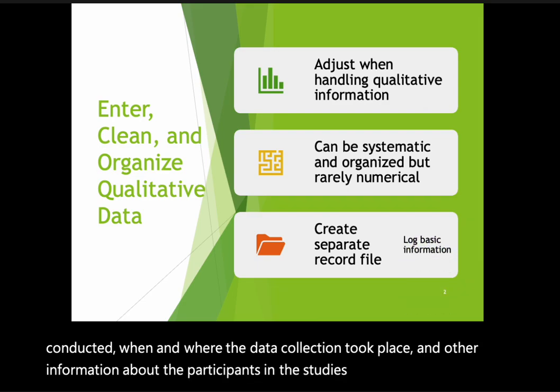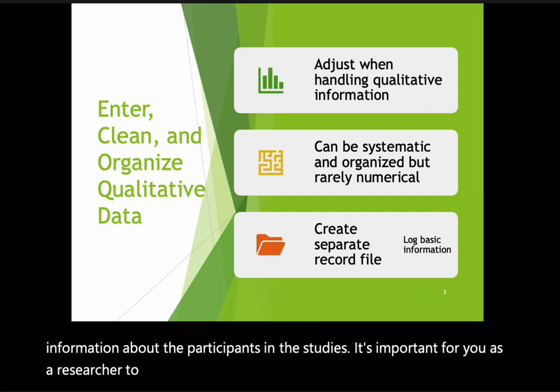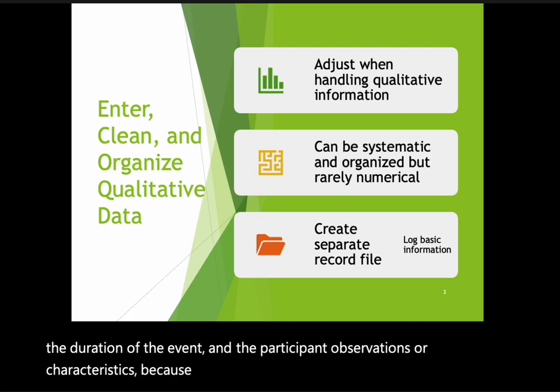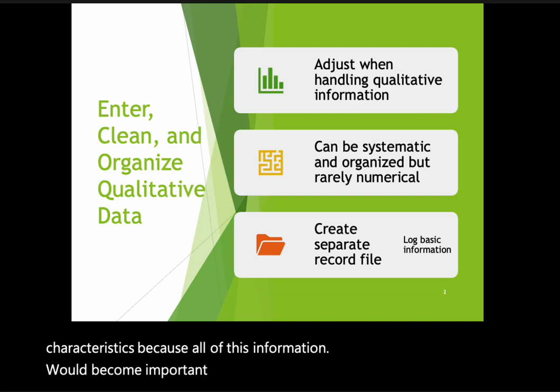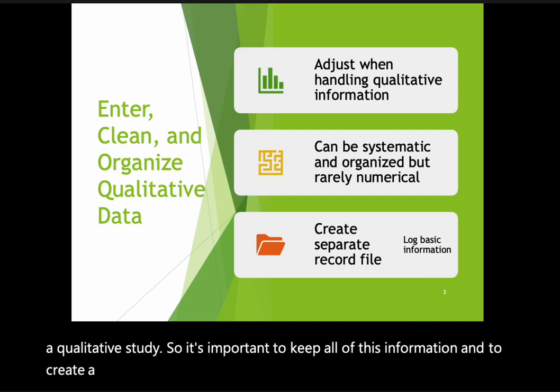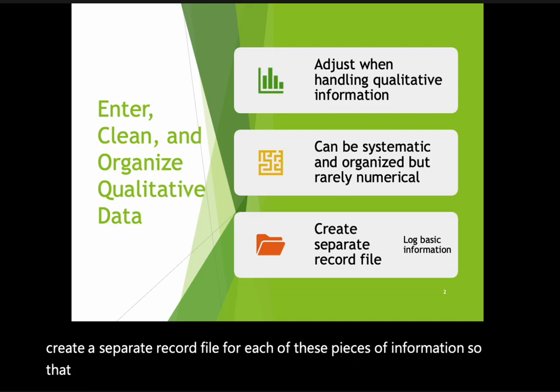It's important to also collect basic information like the date, time, location, the duration of the event, and the participant observations or characteristics, because all of this information could become important in the data you're going to end up running in a qualitative study. So it's important to keep all of this information and to create a separate record file for each of these pieces of information so that you can search for it easily moving forward.